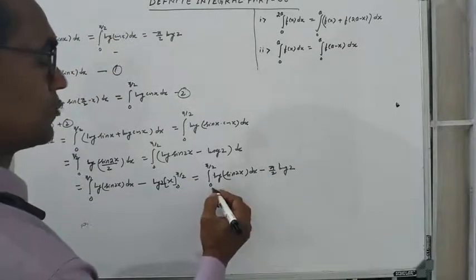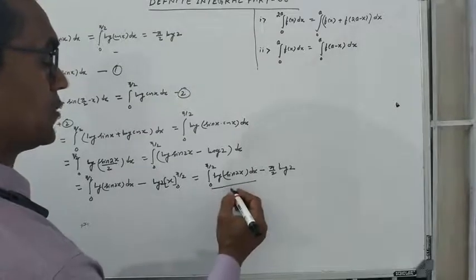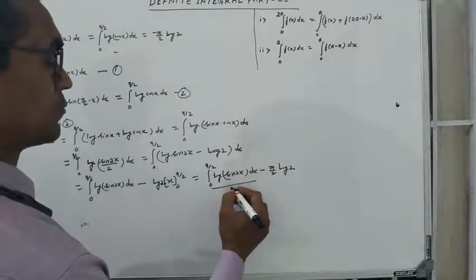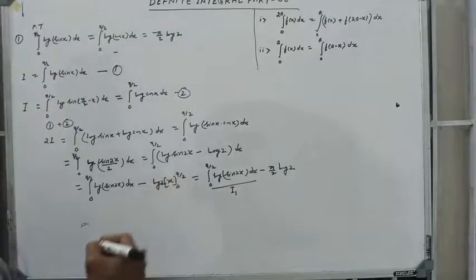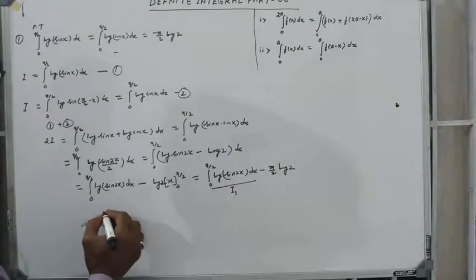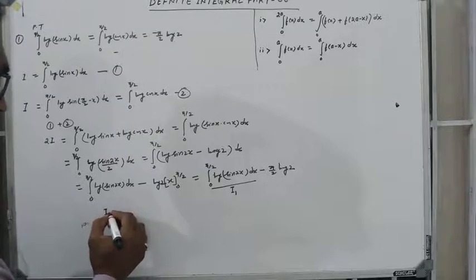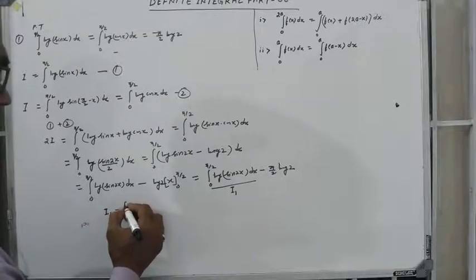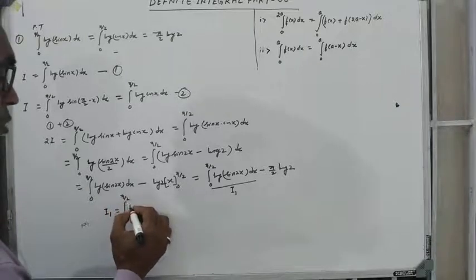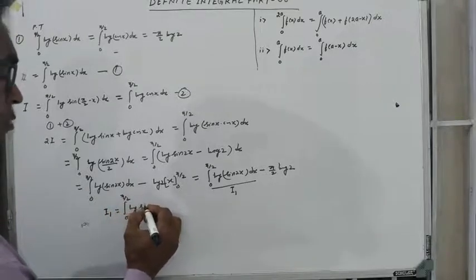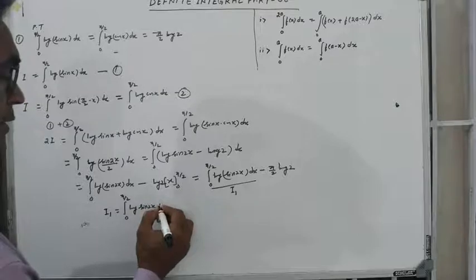Now again we have to evaluate this part, so I am taking it as I1. Now I will evaluate it separately. So I1 is equal to the integral from 0 to pi by 2 of log of sin 2x dx.